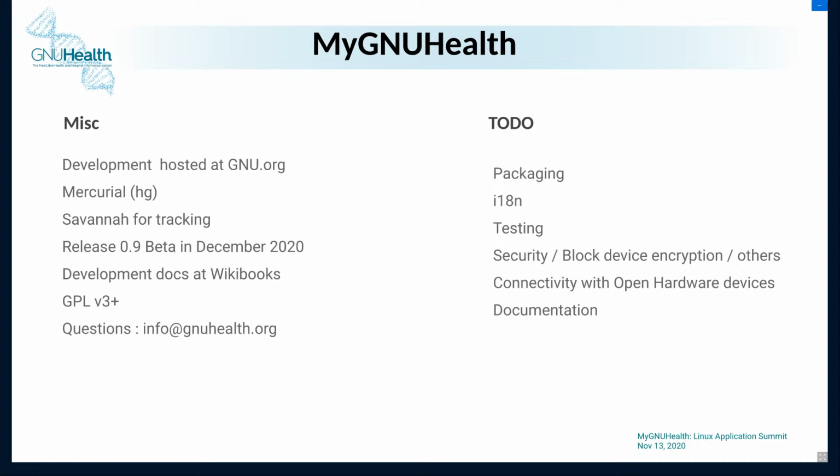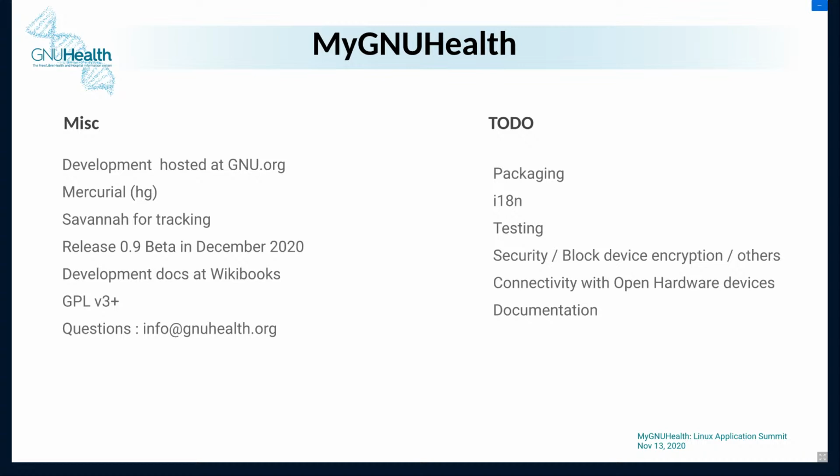We are supposed to be releasing a beta version by the end of the year. Things we would like to work on are packaging and localization. We've done a pretty good job on localization with the hospital management information system, but today MyGNUHealth is in English only, so we'll have to work a bit on that. So no matter where you are, you will have it in your own language.